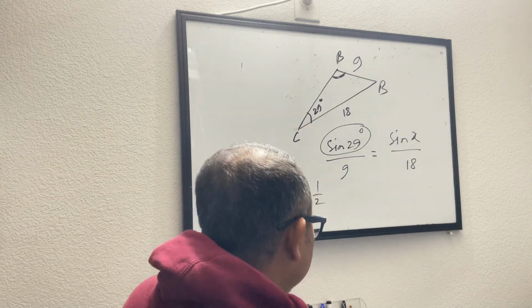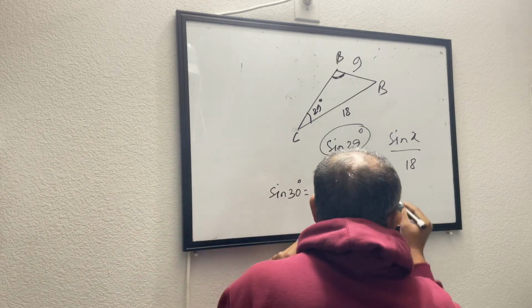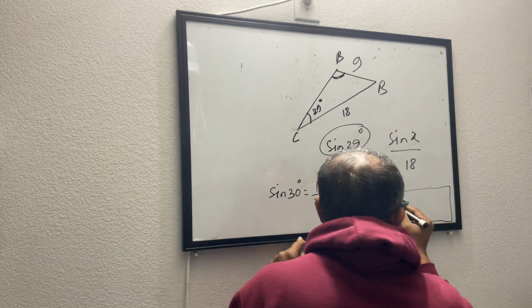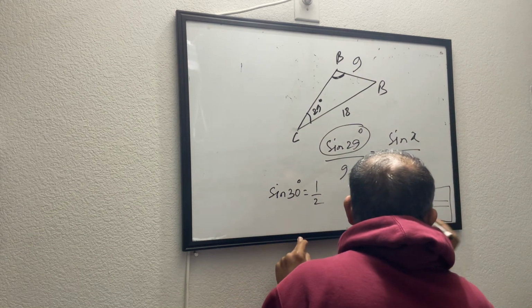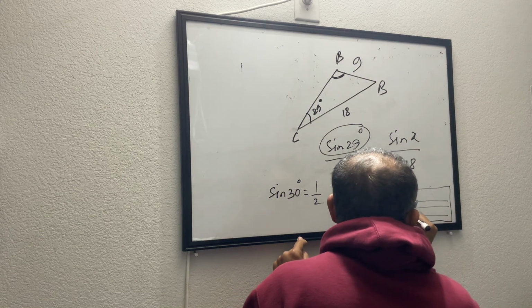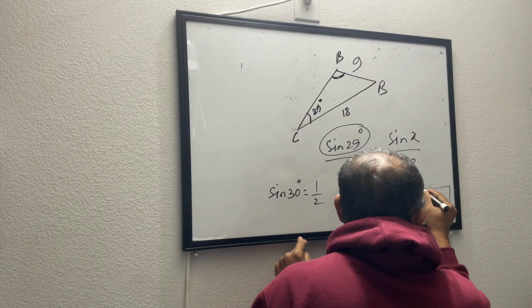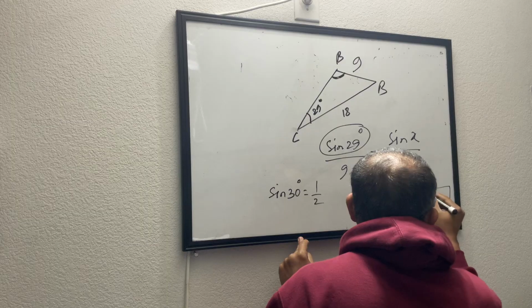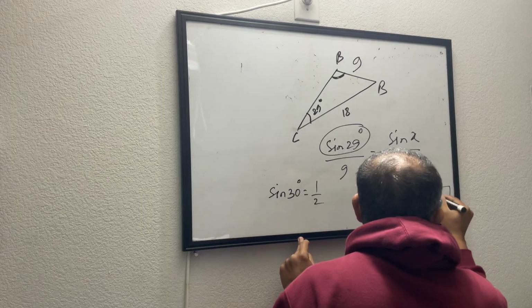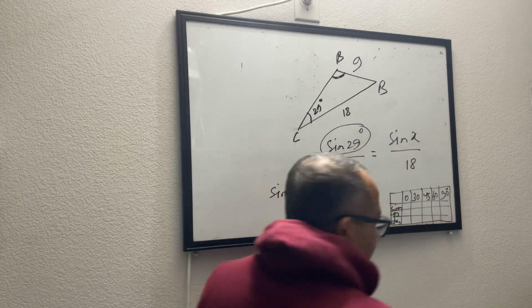It's half. If you remember the table, this will probably come in handy. Sine, cos, tan for 0, 30, 45, 60 and 90. These are the most commonly used angles.